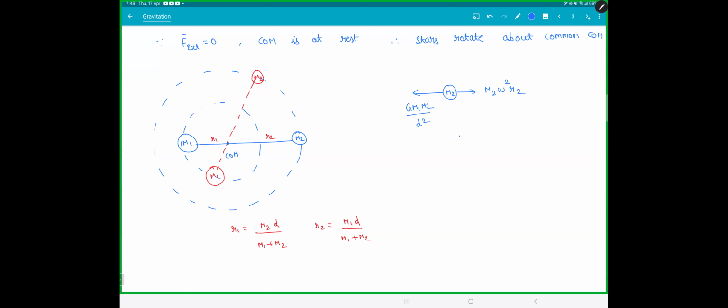And then you're done. Equating, you'll get G M1 M2 by d square equals M2 omega square R2, with R2 equal to M1 d by M1 plus M2. M1 M2 goes off. We will get omega equals root over G times (M1 plus M2) by d cube. This is your angular velocity. Therefore, time period will be 2 pi by omega.